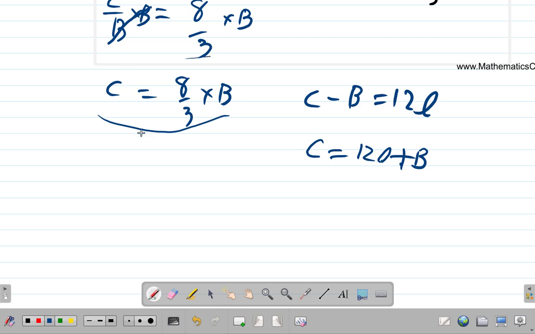Now let's combine this and this and see how they come together.